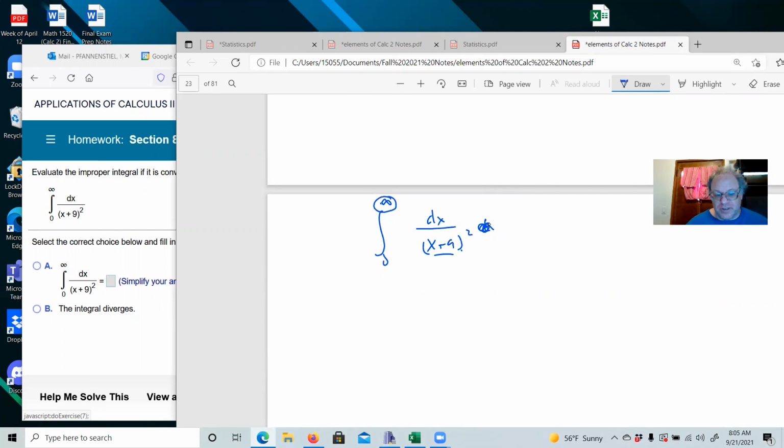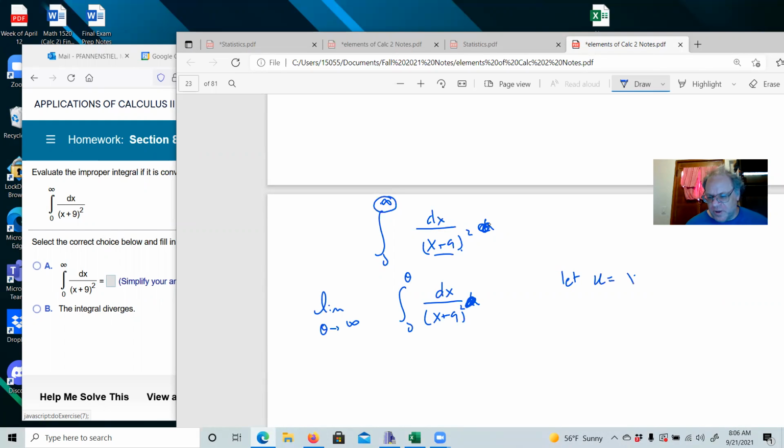I'm going to say limit, how about theta goes to infinity, of the integral from 0 up to theta of dx over (x plus 9) squared.